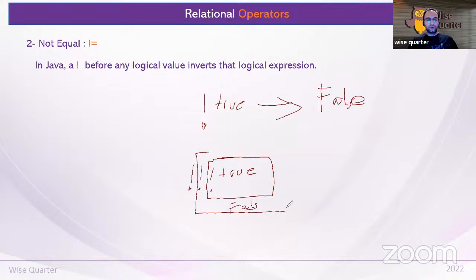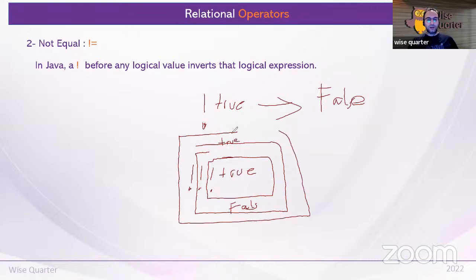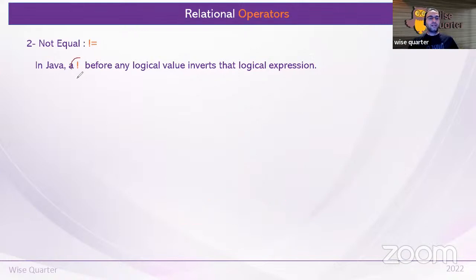If I apply another one to false, it will make it true. And true with an exclamation mark will become false. But don't worry, you won't see that many exclamation marks together in coding. But just remember that each one of them will work as ordered. So the exclamation mark's function is changing the logical expression. If it is true, it will make it false. If it is equal, if you see an exclamation mark before it, it will make it not equal.